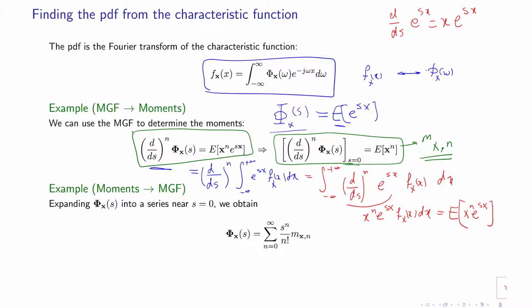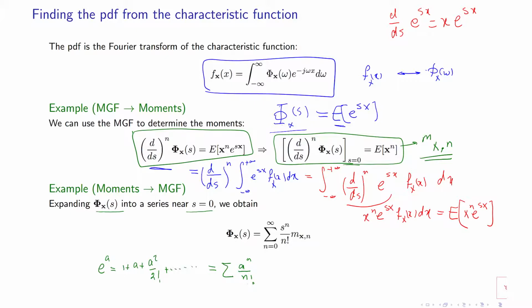if you expand this into a Taylor series as a function of s, you could get this expression. This is because e to the power of a is equal to 1 plus a plus a to the power of 2 divided by 2 factorial plus etc., which is equal to the summation of a to the power of n divided by n factorial.